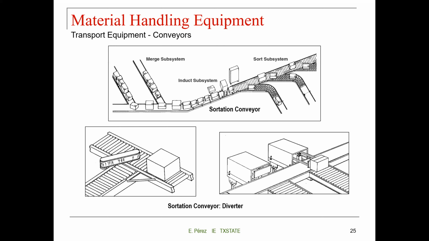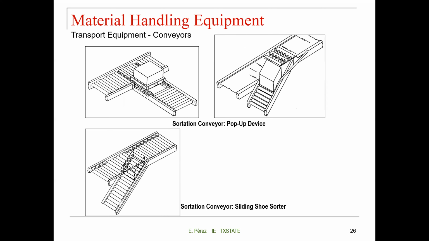More conveyors here. The sortation conveyor, very common in industries like Amazon and UPS, in which you have all these boxes and they have to be sorted depending on where they're going and which truck is going to transport them to the final location. Sortation conveyors, we have the pop-up device.